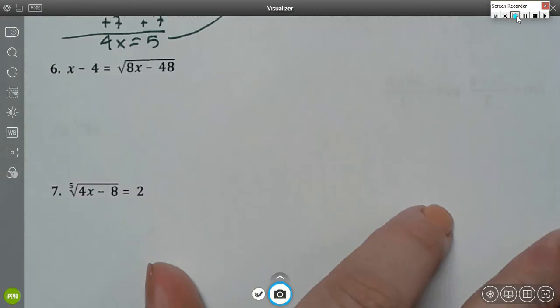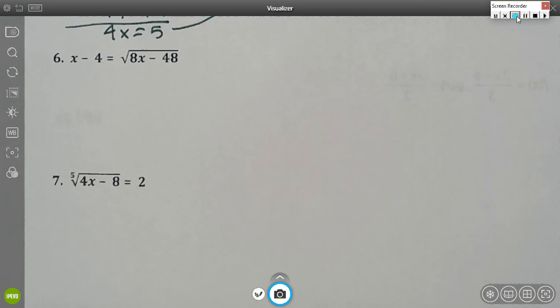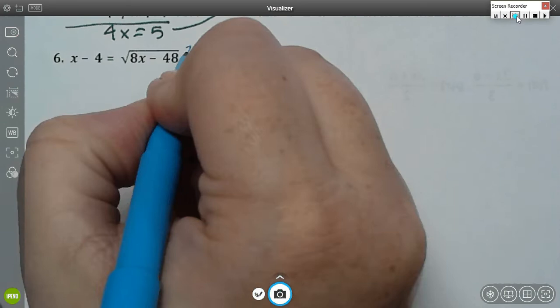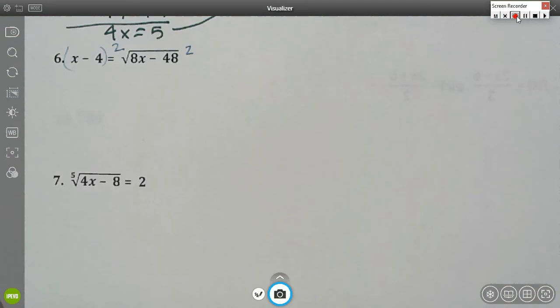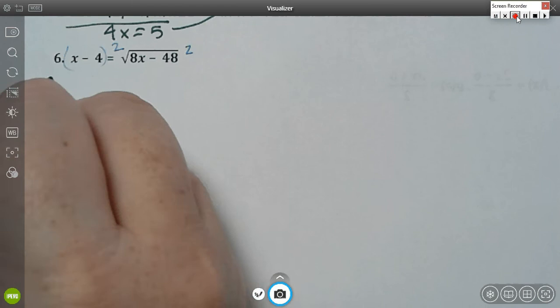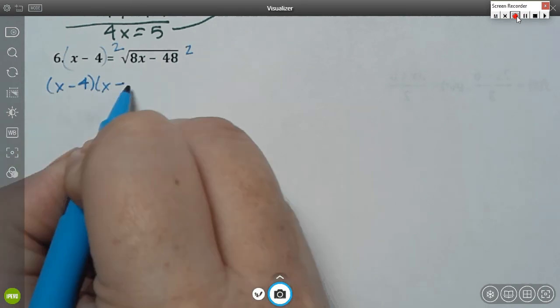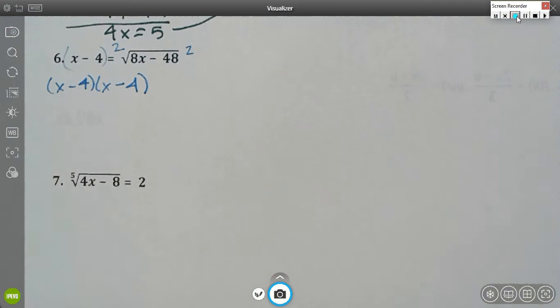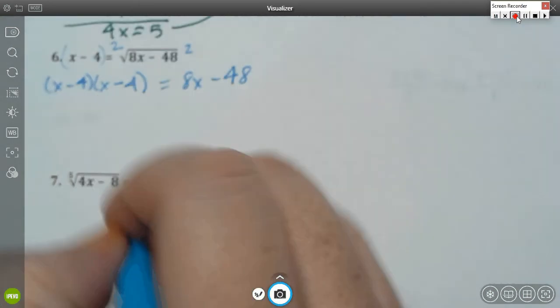Number 6, again, now this time I have one radical instead of two. It's already isolated on a side by itself, so I'm going to go ahead and square to take care of that. Now, when I square the last side, remember this minus sign is going to cause me to have to multiply this out. So this would be x minus 4, x minus 4, and then I have 8x minus 48.